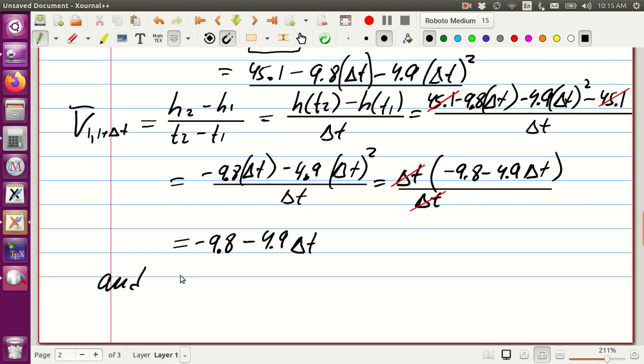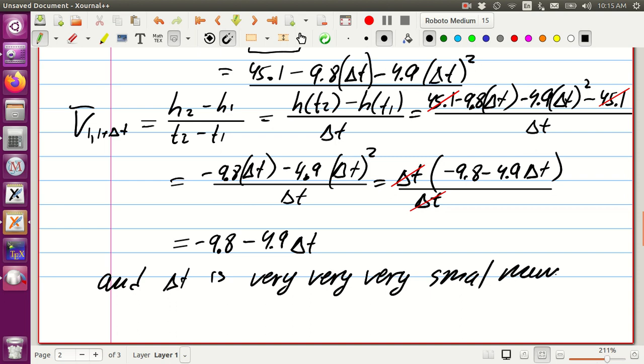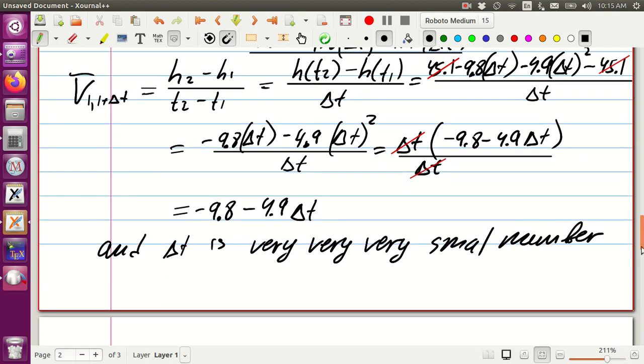And delta t is a very, very small number. So what do we mean by very small? Tiny step to the right in time. So something like 0.00001. I don't know, just a very small number.